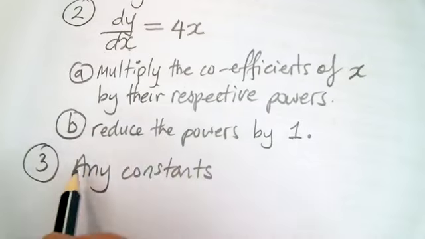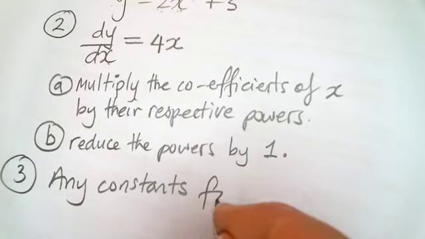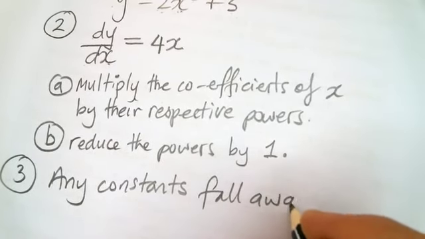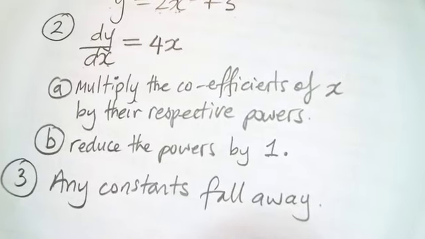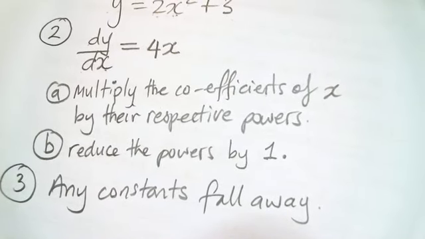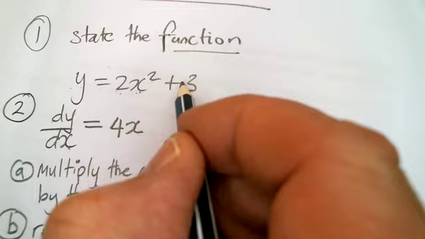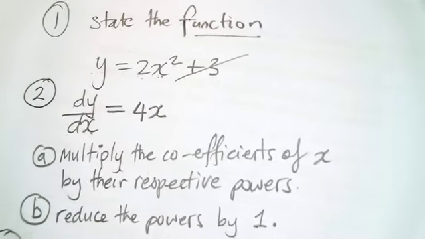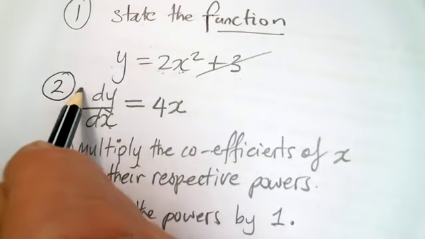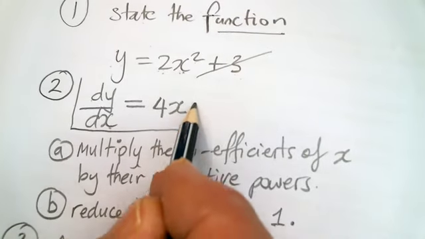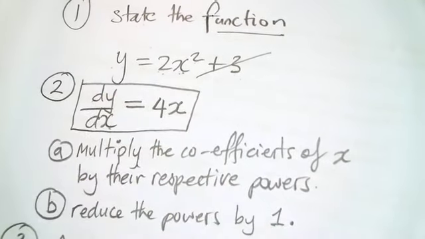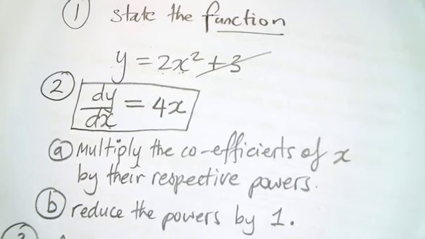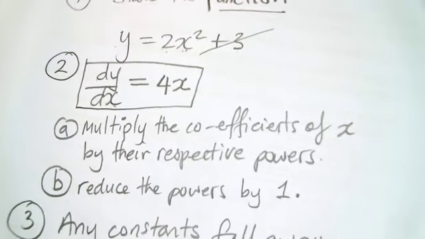So any constants fall away. In other words, we can just cross them out. So in this case, the 3 here, we're literally just putting a cross through it. And so our differential, dy dx, is going to be 4x. And that's how we differentiate.